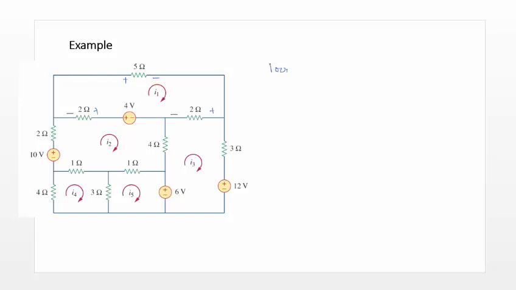So, loop 1, this is actually just a straightforward problem: minus 4 plus 2i1 minus i2, plus 5i1, plus 2i1 minus i3, and there's loop 1.